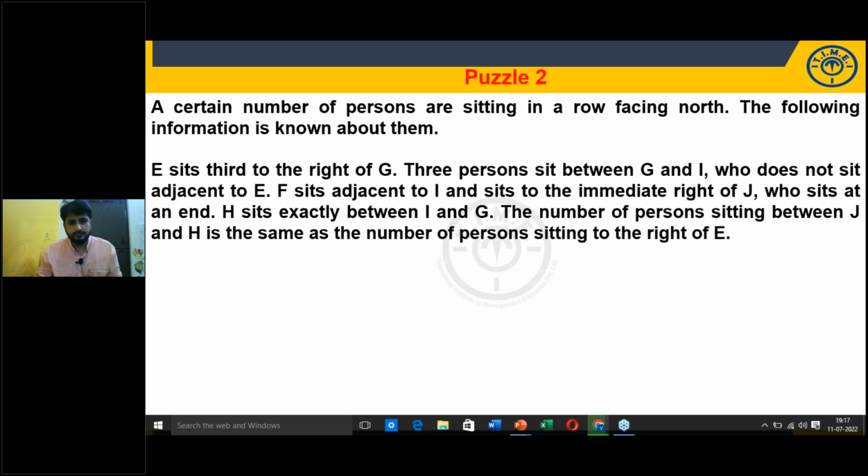Anyone? Preeti, do we have any persons after E, on the right side? You missed to place or you didn't get?